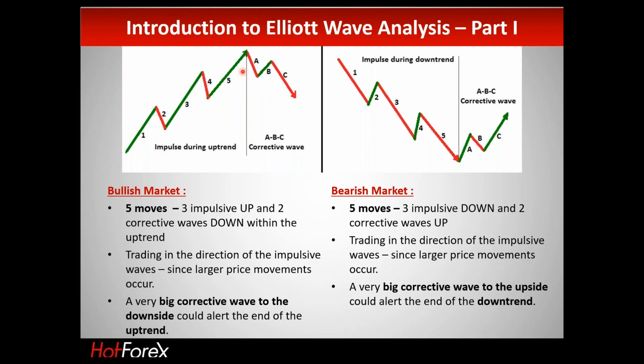So that confirms that we're definitely in an uptrend. The same applies in the downtrend. So this should be the biggest, the strongest wave, and this could confirm that we are indeed in a downwards movement. Okay, so let's go back to the example of an uptrend.